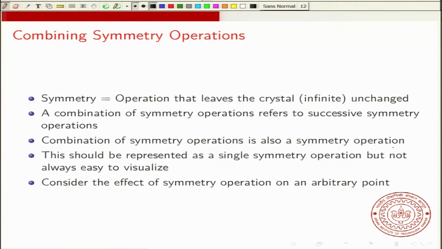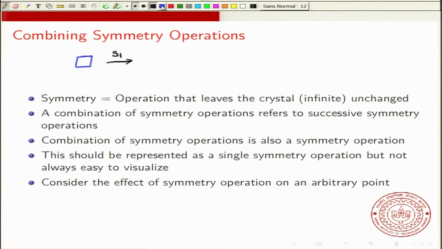Now, you can look at a combination of symmetry operations as some new symmetry operation. So, let me say that if you have a crystal, let me show this in blue color, and you do a symmetry operation. Let me call it S1. S1 is a symmetry operation.